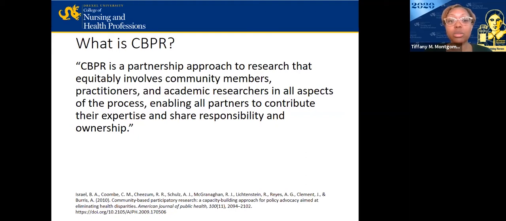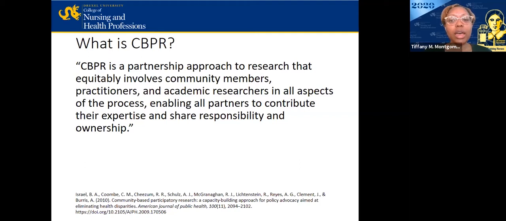It's a partnership. It takes away any form of hierarchy, or at least it should if we're doing it appropriately. The community members come in having the same sort of expertise as researchers or clinicians, maybe not in the same areas, but we acknowledge them as experts, just like we hope to be acknowledged as experts as well.